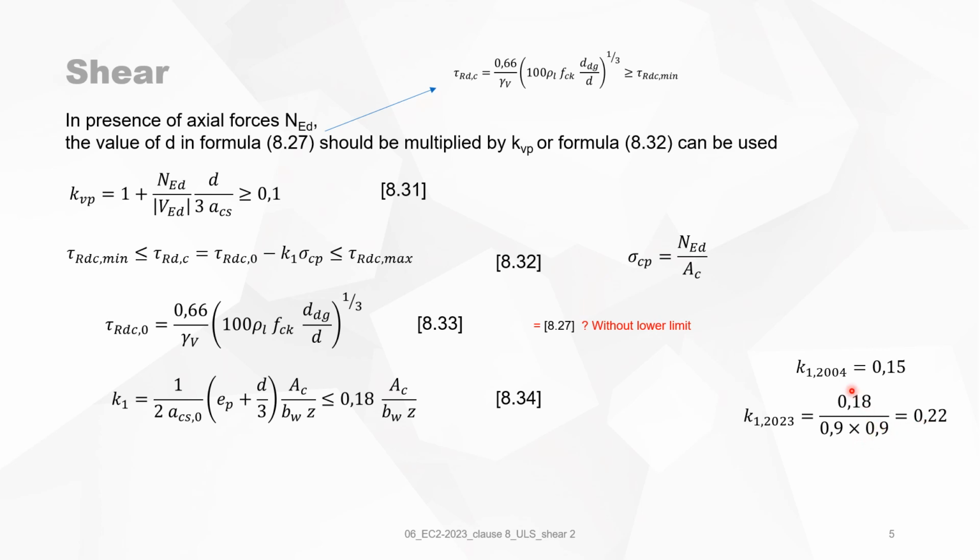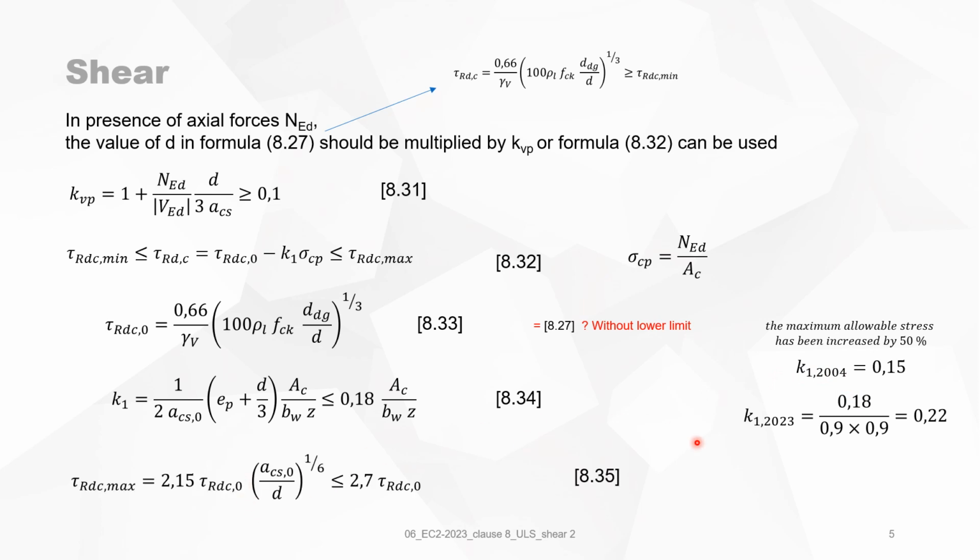So this means that the maximum allowable stress that you can deduct or add up, depending on tension or compression, to the shear capacity of concrete, this has been increased by 50%.